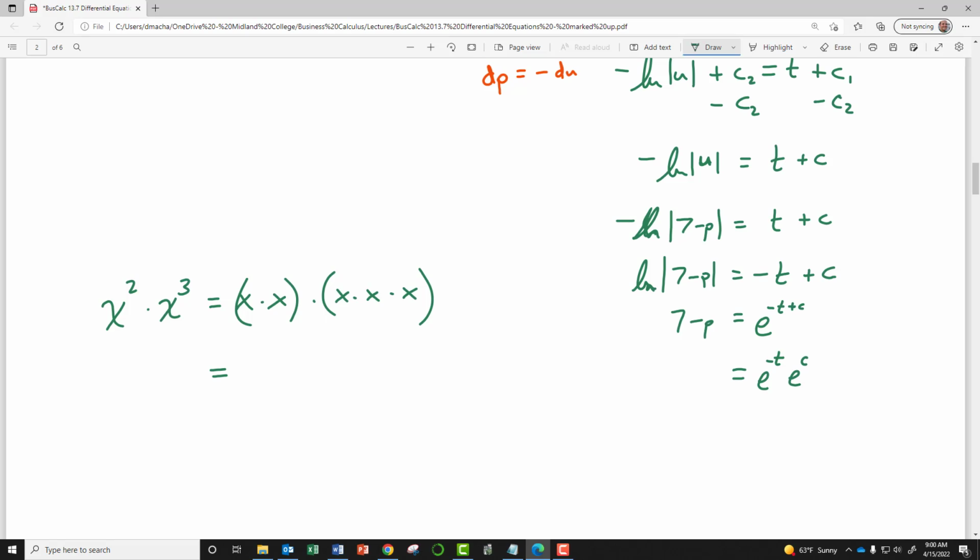Multiplication is associative. It's a correct word. So this is just 5 x's. I can get rid of the parentheses, and this is x to the 5th. But what is x to the 5th? Well, 5 is just 2 plus 3. So you can see that x squared times x cubed is just x to the 5th power, x to the 2 plus 3. And I'm using the same logic over here whenever I tell you that e to the power negative t plus c is just e to the negative t times e to the c.